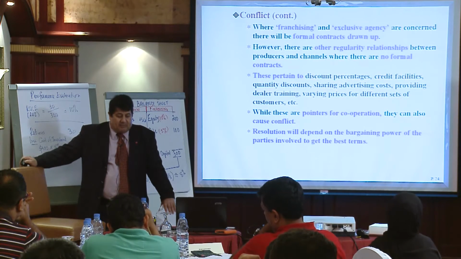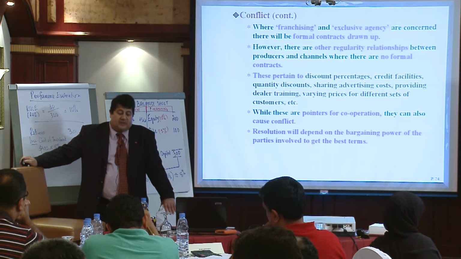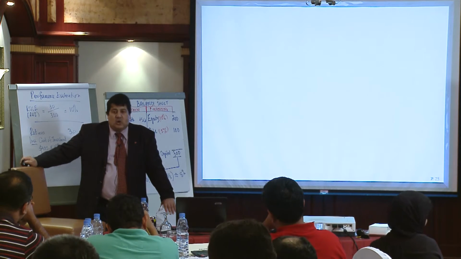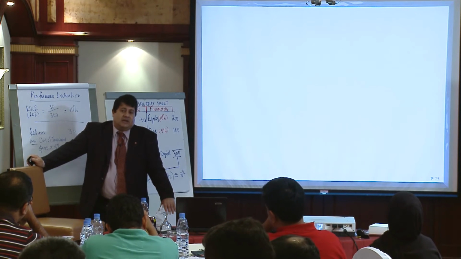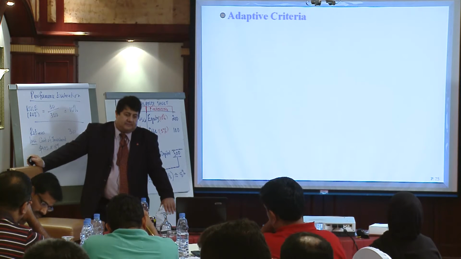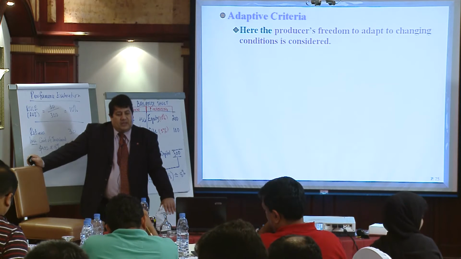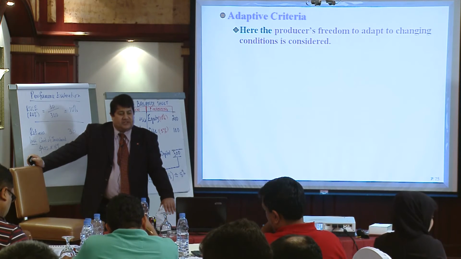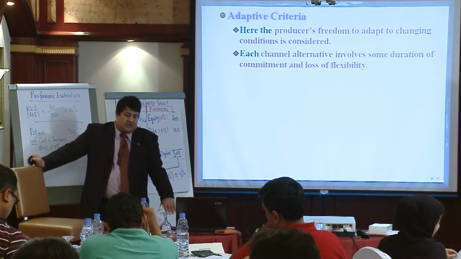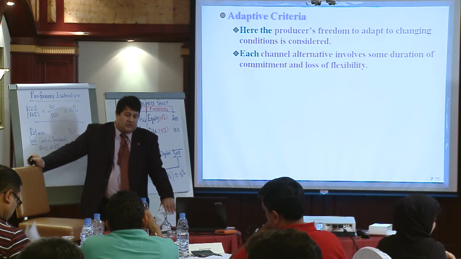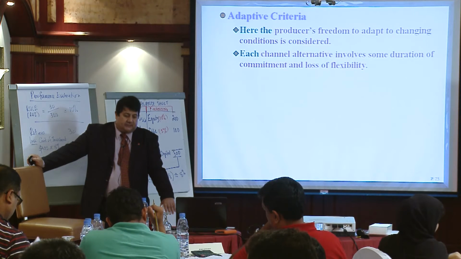Resolution will depend on the bargaining power of the parties involved to get the best terms. Okay, so those are issues to do with the selection of channels. There's one more, adaptive criteria. Here the producer's freedom to adapt to changing conditions is considered. Each channel alternative involves some duration of commitment and loss of flexibility.